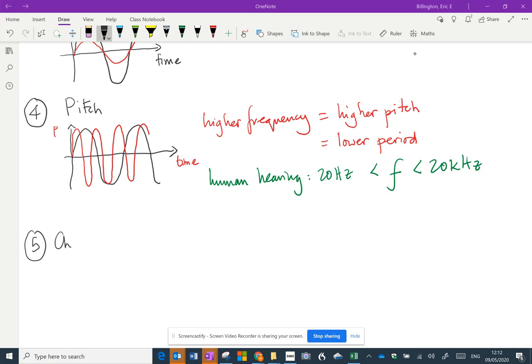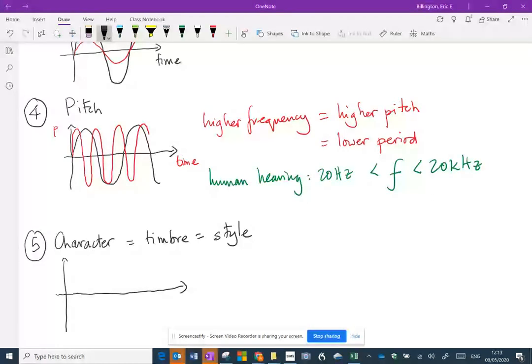Character equals timbre equals style. I don't know how to describe this. I can only describe it by an example. Middle C on the piano does not sound like middle C on a violin. We can tell. And even if they're playing at the same volume, the same loudness, and they're playing the same note, we can tell one is the piano and one is the violin.